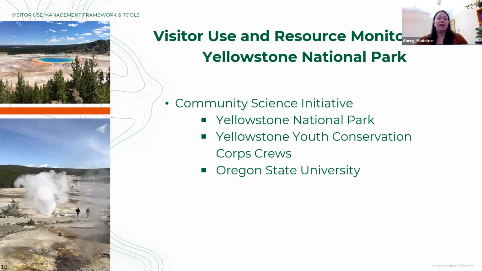And so in this case, Yellowstone National Park and Oregon State University collaborated with the Yellowstone Youth Conservation Corps, or crews, which were crews of students who were in the park each week and had time available to collect some monitoring data.